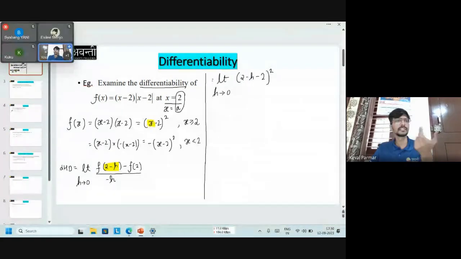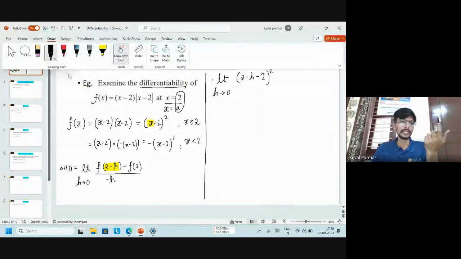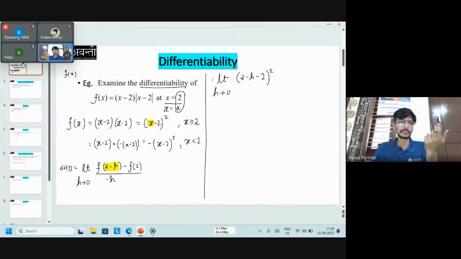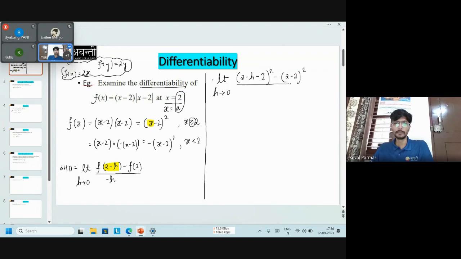Just like functions: if f of x is 2x, then what will be f of y? It will be 2y. Just substitute in place of x. That is what I am doing. Here f of 2 means in place of x it is 2, since here x is less than 2, we are using this definition. This is 2 minus 2 the whole square upon minus h.